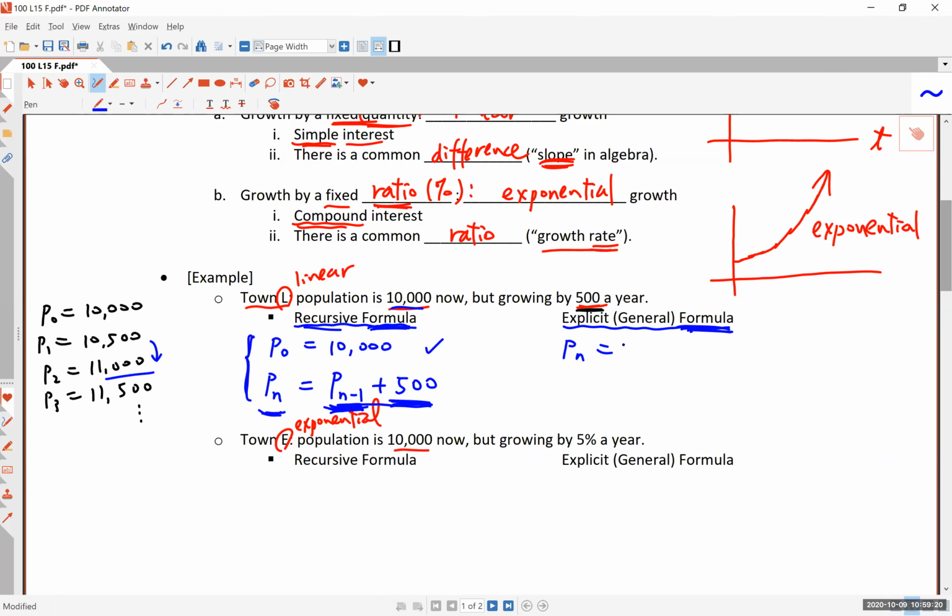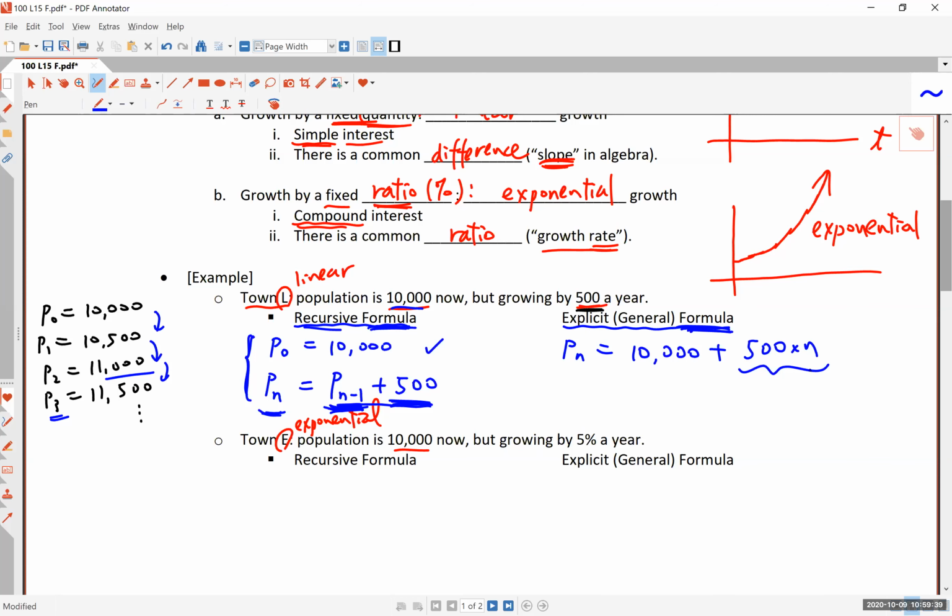And so how do you get this number P3? Well, you added 500 three times. That will give you the formula, which is just like the simple interest formula. You start with the initial value, and then it's 500 times n, where this is calculated first.